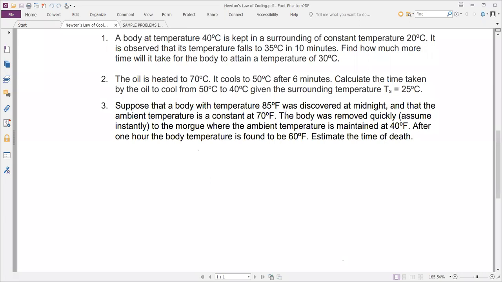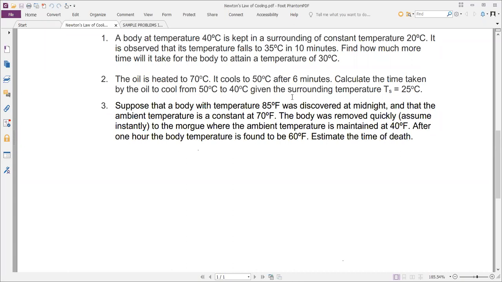Now, when you solve problems like this, class, and this is the challenging part of Newton's law of cooling, if it's just problem 1 and 2 types, it's very easy. I'm sure a lot of you would be able to understand what to do. In number 3, you have to plot the time, the temperature, and the surrounding medium where the body was transferred into.